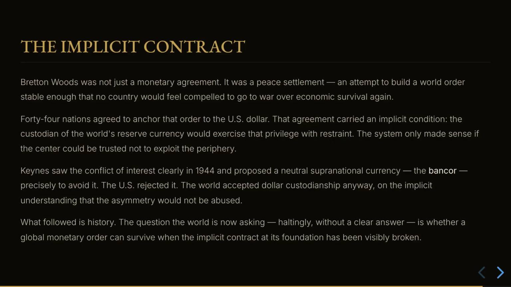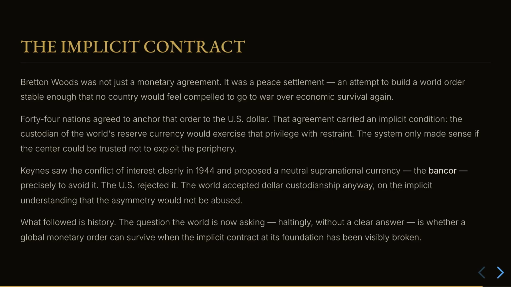That agreement carried an implicit condition. The custodian of the world's reserve currency will exercise that privilege with restraint. The system only made sense if the center could be trusted not to exploit the periphery. The center being the United States, the periphery being, for example, Iran.